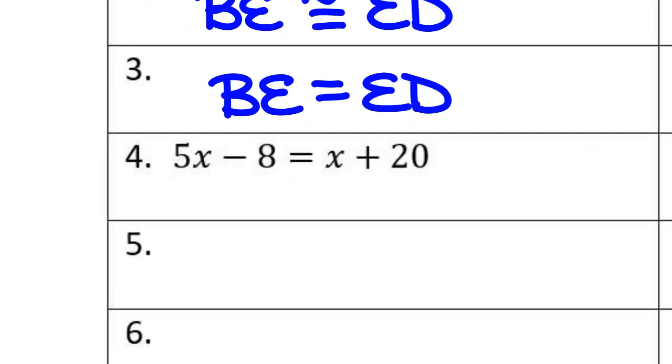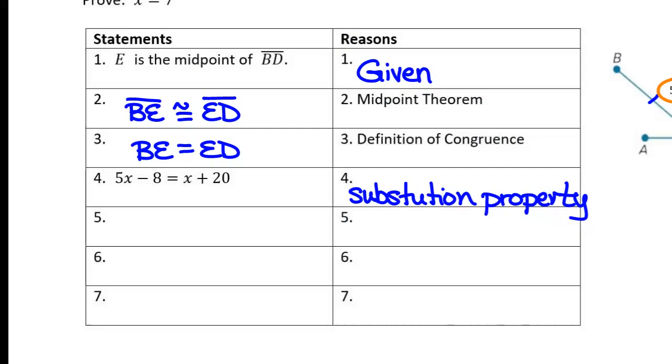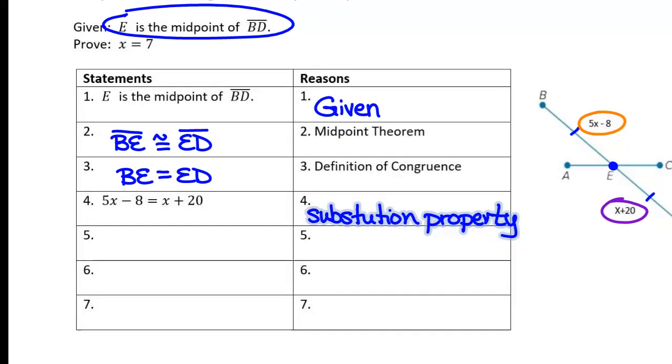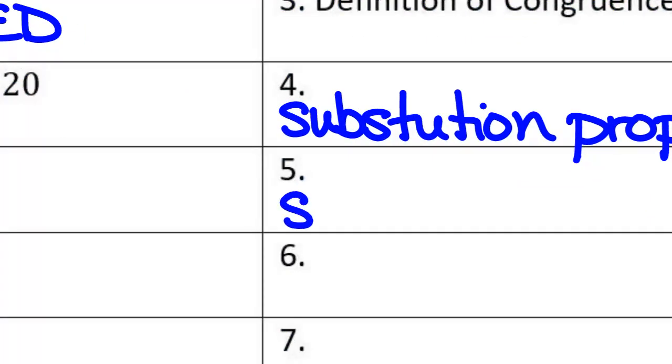All right. When we are looking at an equation, like we have in number 4, first thing I want to ask myself is, are all of the variables on the same side? No. I need to get the variables to the same side. What operation would I need to use to do that? Subtraction. So we're going to use the subtraction property of equality.